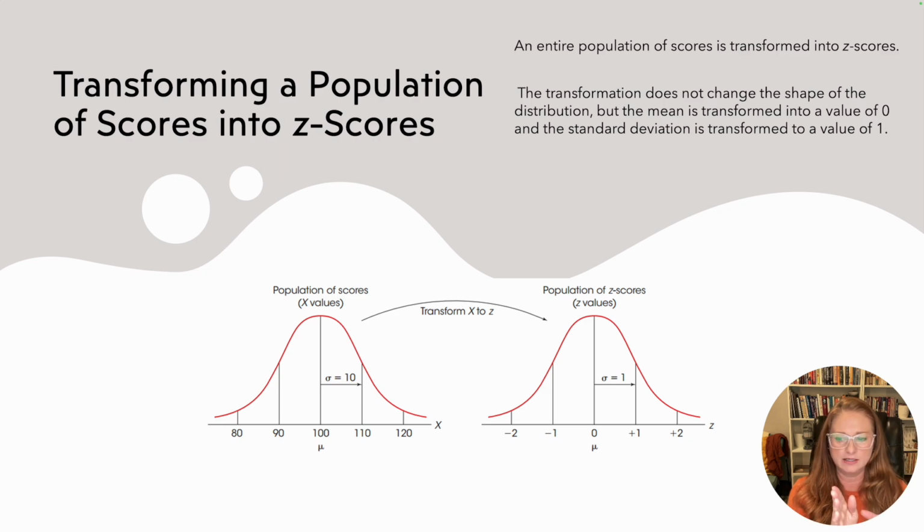So 1, 2, and if you go negative, -1, -2. Again, the transformation doesn't change the shape. All we do is transform whatever the average score is to a 0, and whatever the standard deviation is to 1.